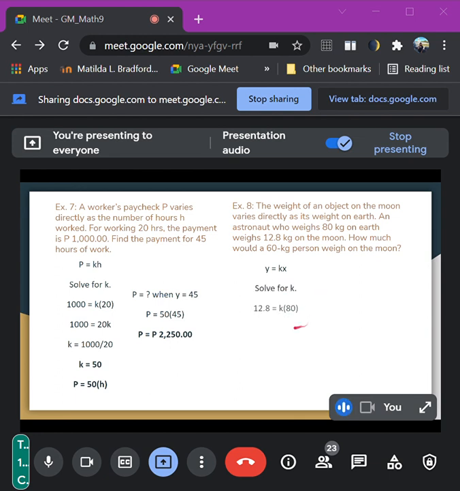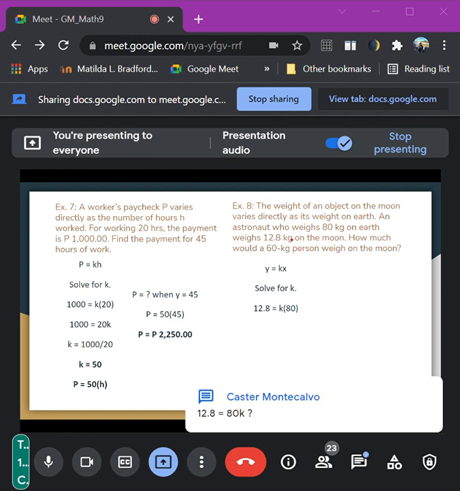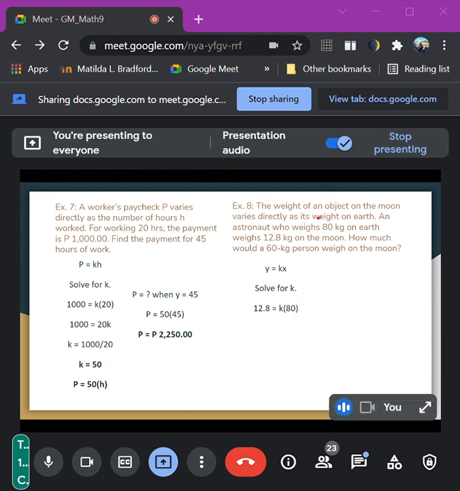Now here, we're going to solve for K. So you have 12.8 because mao man na siya iyahang weight sa moon. 12.8 is equals to K times 80 because mao man iyahang weight sa Earth. So, 80K, divide both sides by 80.